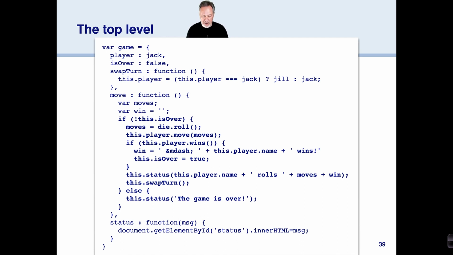As long as the game is not over, we can roll the die, and we can make the player move. Check if the player wins. If the player does win, then we update the isOver variable to be true, and we output whatever status and swap turns. And if the game is over, then we stop and simply report that the game is over.